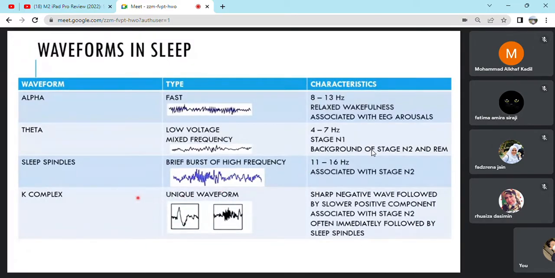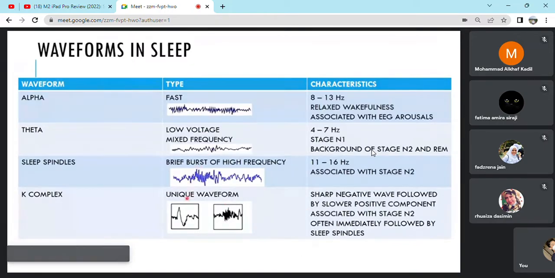And again, as I've said, your K complexes naman, they have a unique waveform. So makikita mo, if you will compare it with all the other waveforms, usually malalaki sila tapos medyo parang kakaiba yung itsura. Okay? And your K complexes usually are followed by sleep spindles.